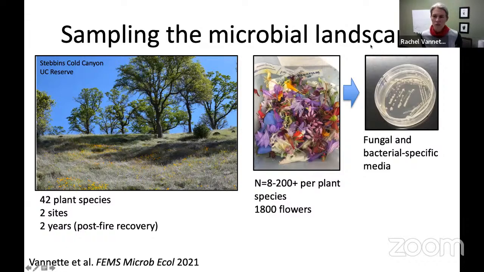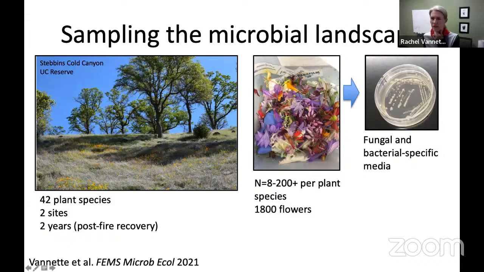So these are also plant species that pop up after fire. For each plant species that we were able to sample, we collected at least 8 and sometimes up to 200 flowers per plant species. Some of these plants have a long flowering period, some short, and overall we sampled about 1,800 flowers to look at this study.